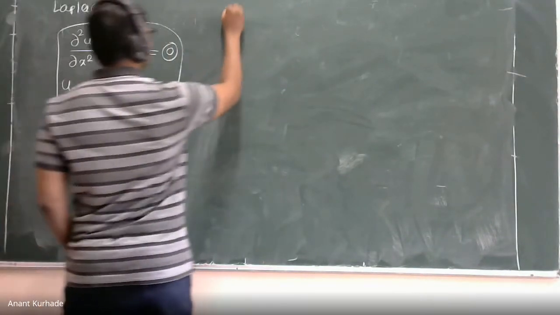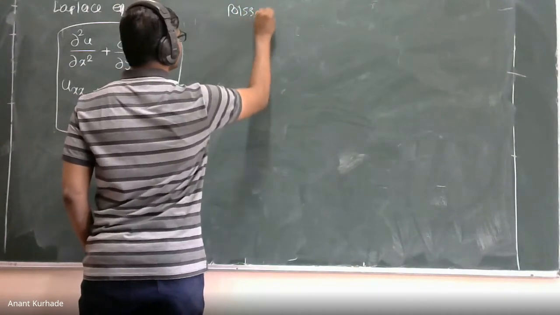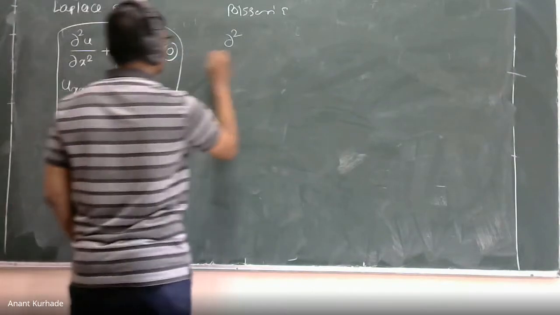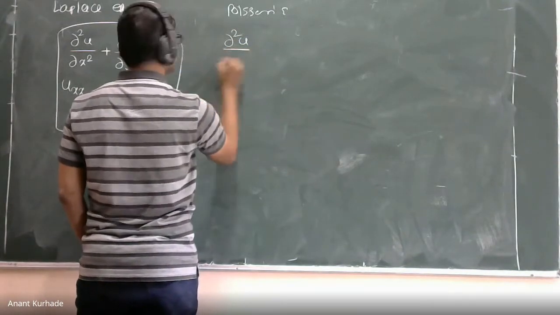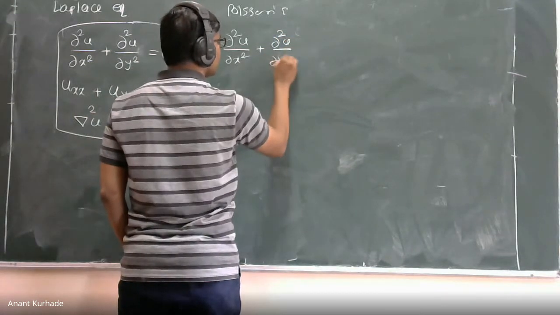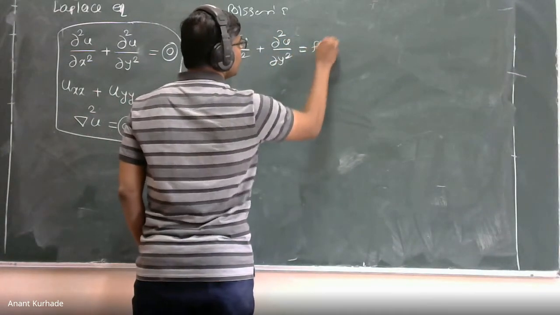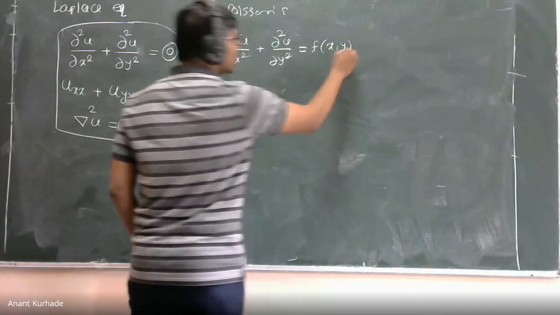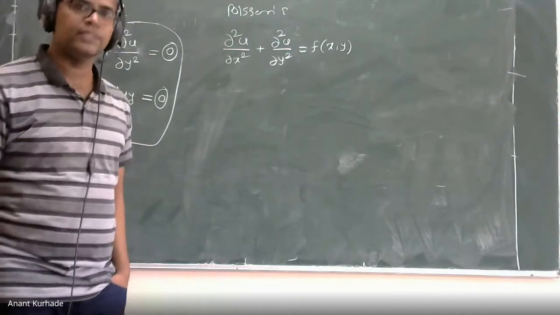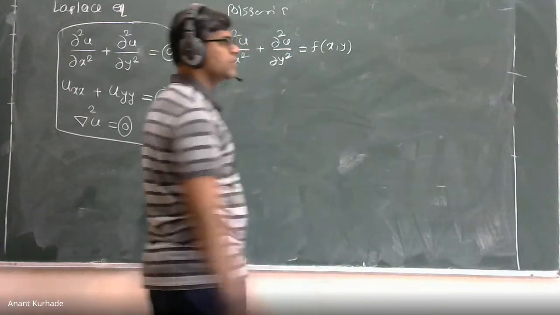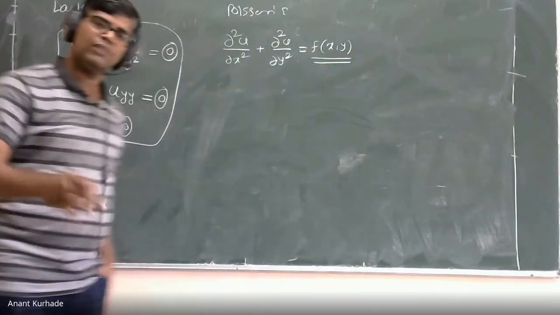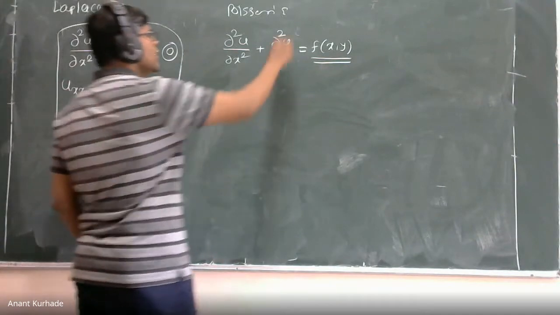Or what is the Poisson's equation? Poisson's equation, if you find the left side is similar, partial square u upon partial x square plus partial square u upon partial y square is equal to something in terms of x and y, like x raised to 3 plus cos x, or x raised to 3 plus cos y. So if you find it equal to f of x, y, then you can say it is Poisson's equation.